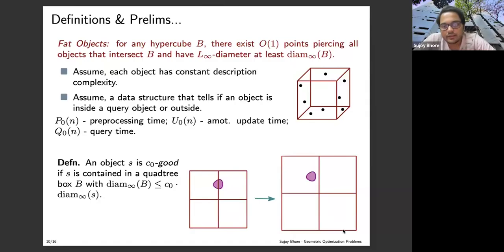The main thing that we don't like in this question is that there is some meta quadtree partition, and all of the objects which are contained inside some quadtree cell are somehow good, because we are going to handle them when we are handling that cell.